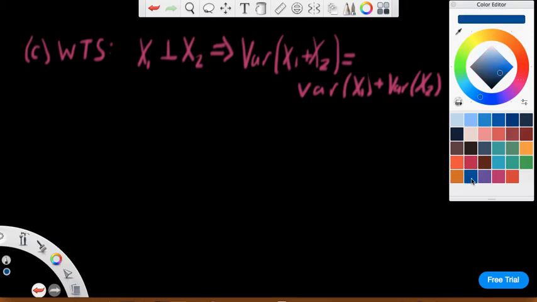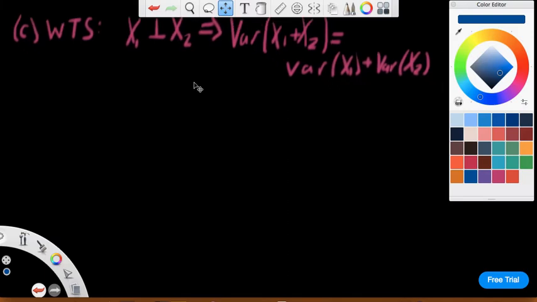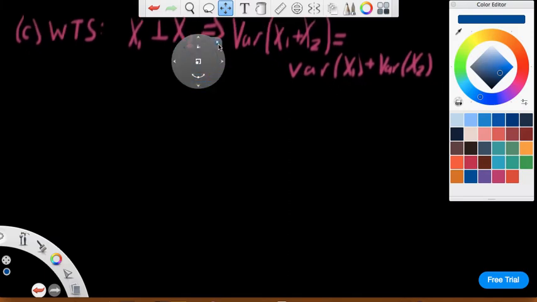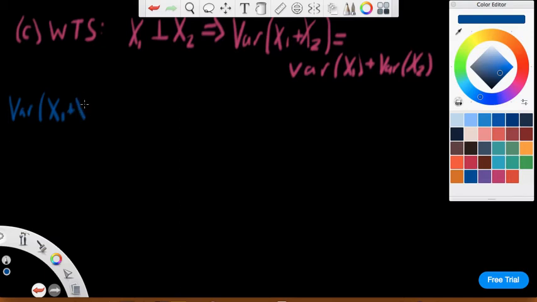So grab a new color, grab some space, and we will work from the variance of x1 plus x2, and then hopefully make our way to this.